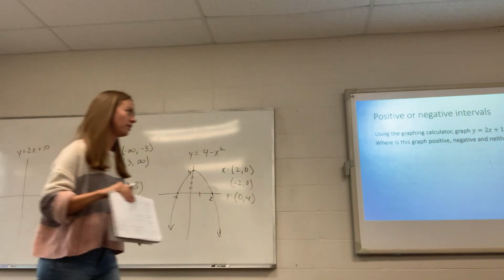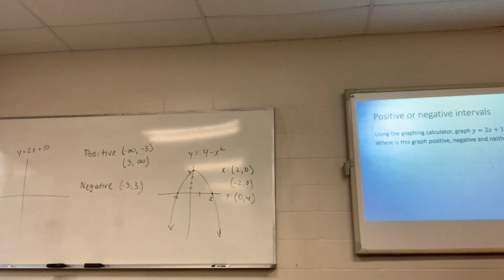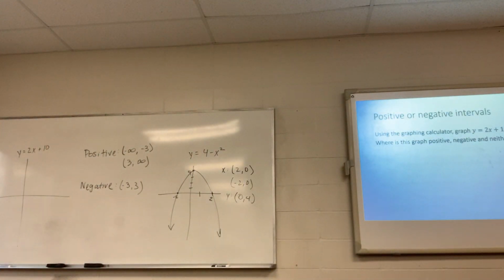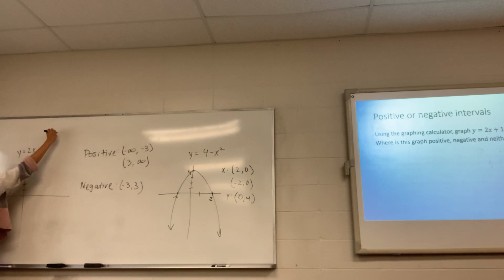Does anyone think they know what this looks like before they even graph it in their graphing calculator? Kaden, what do you think it looks like? Straight line like that. Where's my y-intercept going to be? 10. Yeah. And what's my slope? 2. Exactly. So there's a y-intercept of 10, and it's going to have a slope of 2, something like that.